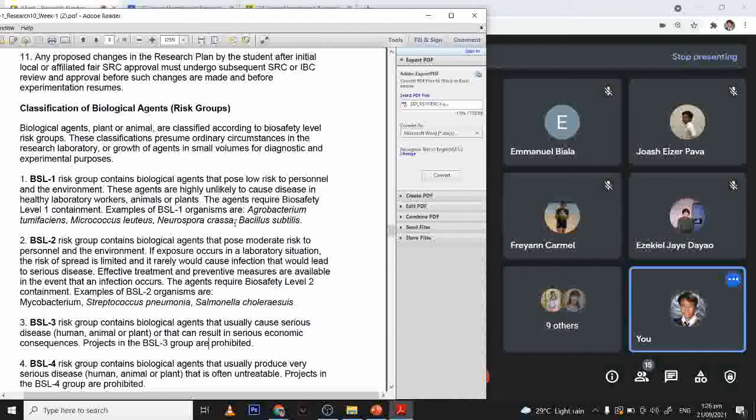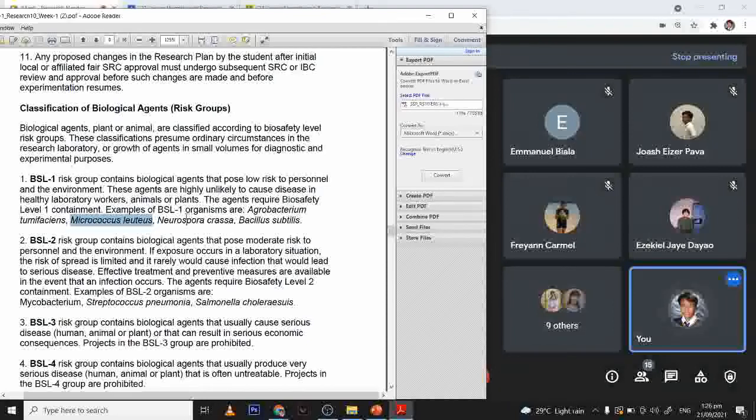BSL-2, can read. Biala. Risk group contains biological agents that pose moderate risk to personnel and the environment. If exposure occurs in a laboratory situation, the risk of spread is limited and it rarely would cause infection that would lead to serious disease.